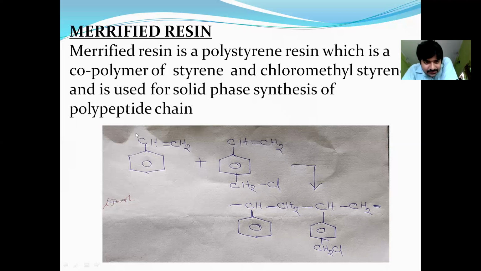So this is styrene and this is chloromethyl styrene, and this is the structure of Merrifield resin.